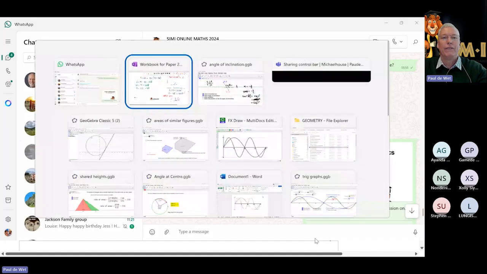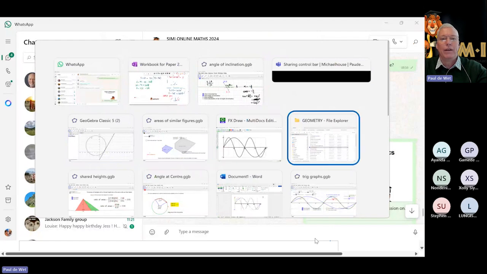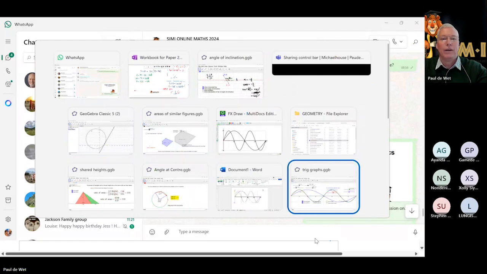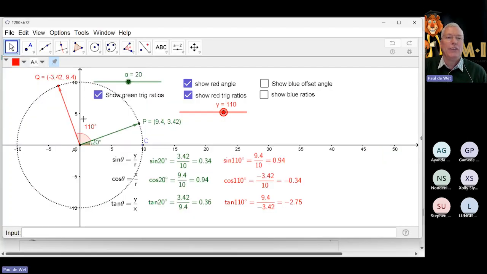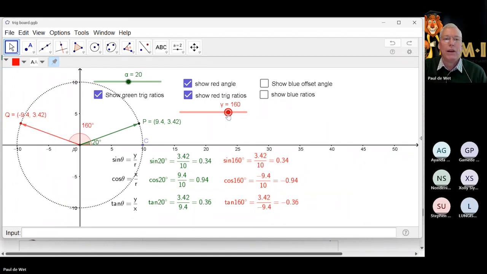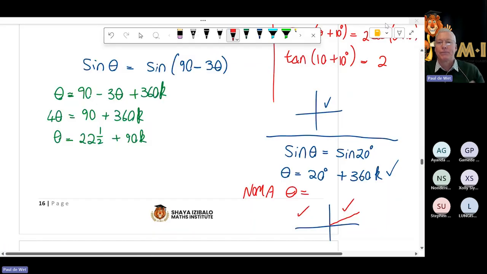Yeah, there it is. Guys, look at this. There's 20. Where else could I make this red angle to get the same answer? At 160. Do you see that at 160, I get exactly the same value as I got at 20? And so the other possibility here is that theta could be 160 plus 360k.